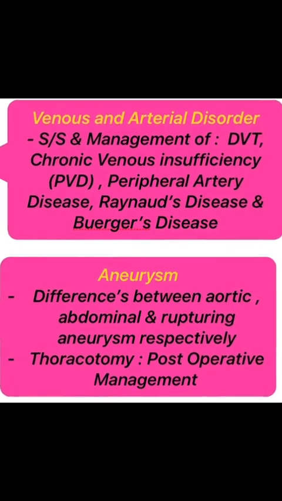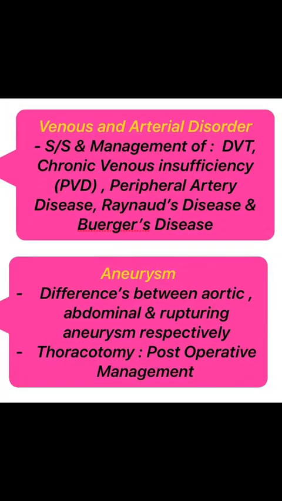From venous and arterial disorders, usually signs and symptoms along with management are asked. The different types of venous and arterial disorders are DVT, PVD, peripheral artery disease, Raynaud's and Buerger's disease. During my NCLEX examination, there was one question where they asked me about the signs and symptoms of Buerger's disease.